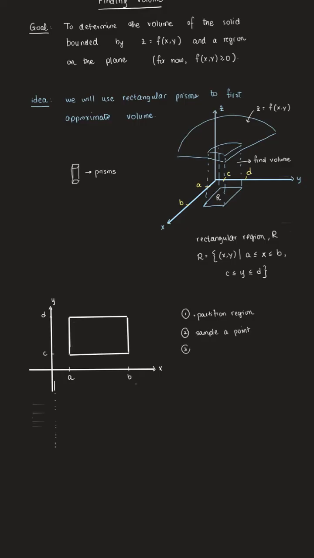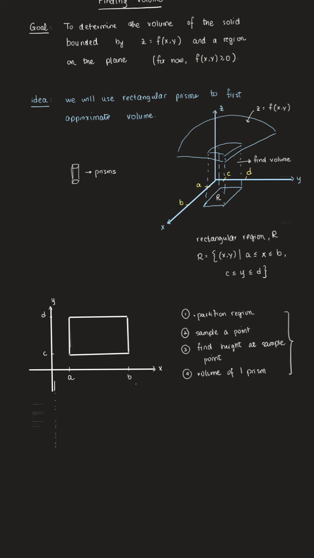And then we're going to find the height at that point of the prism using our function and write an expression for the volume of one prism, and then we will add them all up and take a limit.